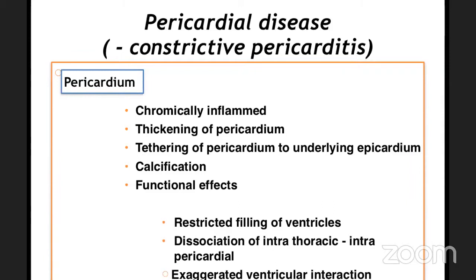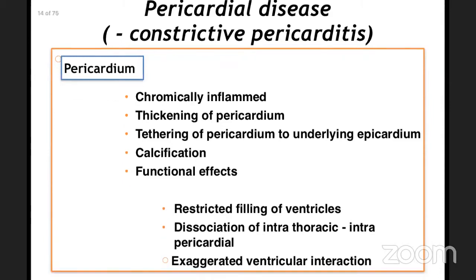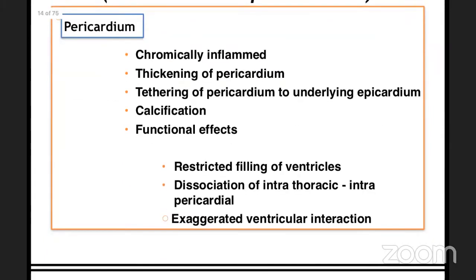So it becomes a rigid shell, and that is going to limit the space available for the ventricles to expand. So because the intrapericardial space is decreased, one ventricle has to fill at the expense of the other ventricle, what we call exaggerated ventricular interaction. So when the right ventricle is filling during inspiration, the left ventricle becomes less filled.